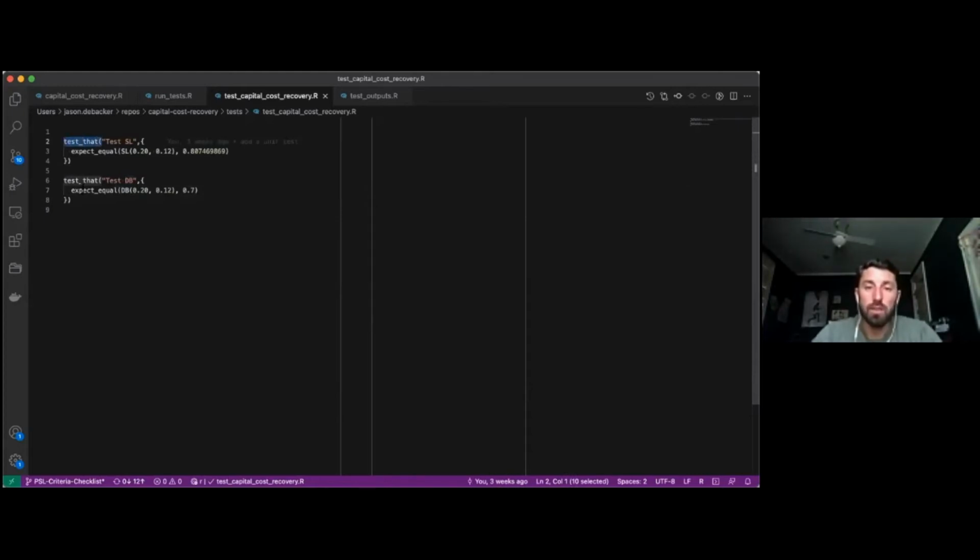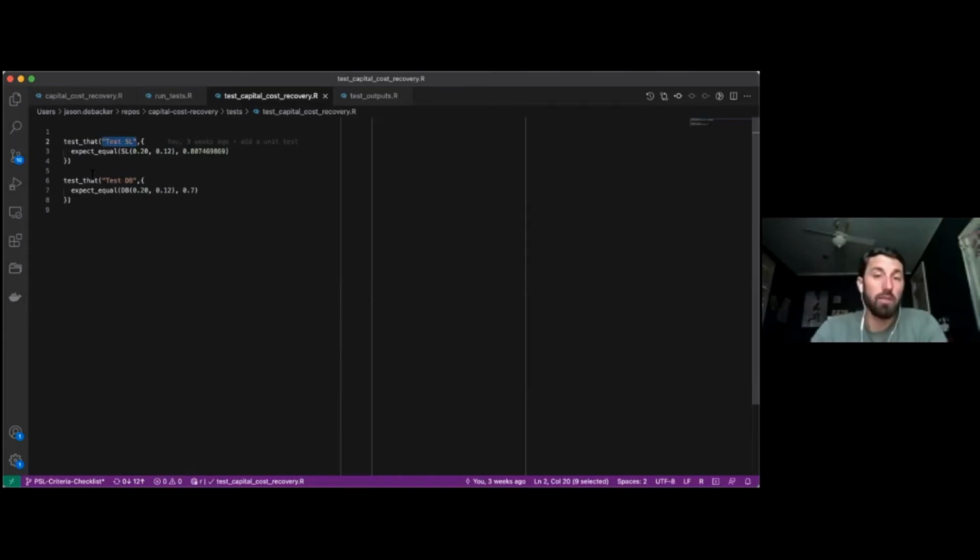So test_that is going to define a specific unit test. Inside the function arguments, we've got a string, and that string gives the name of this specific unit test. Here it's just called test SL because it's going to test the SL function.